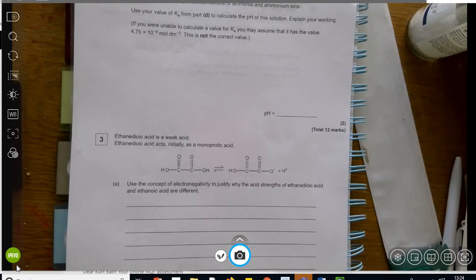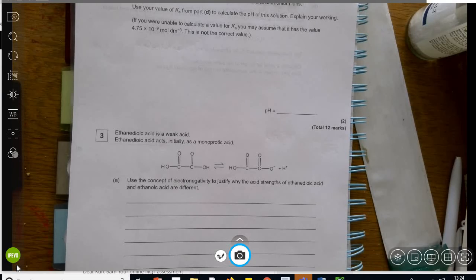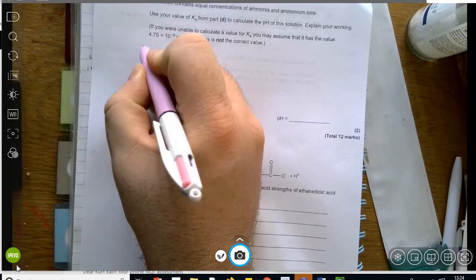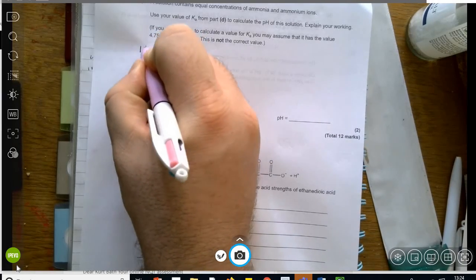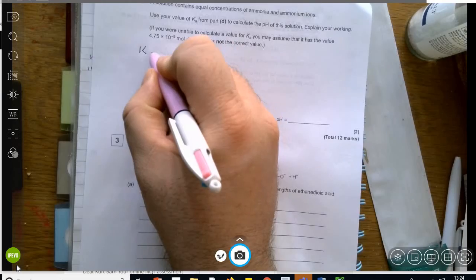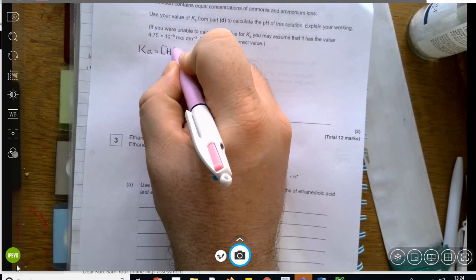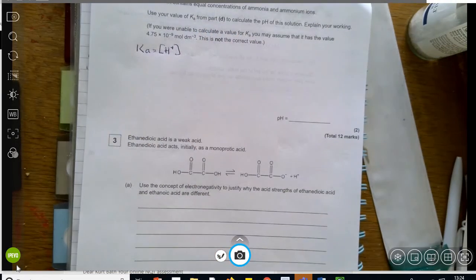Okay, so if you go back to that last question, if it's an equal volume of ammonia to ammonium ions, what we then end up with is the idea that Ka is equal to H plus ions.